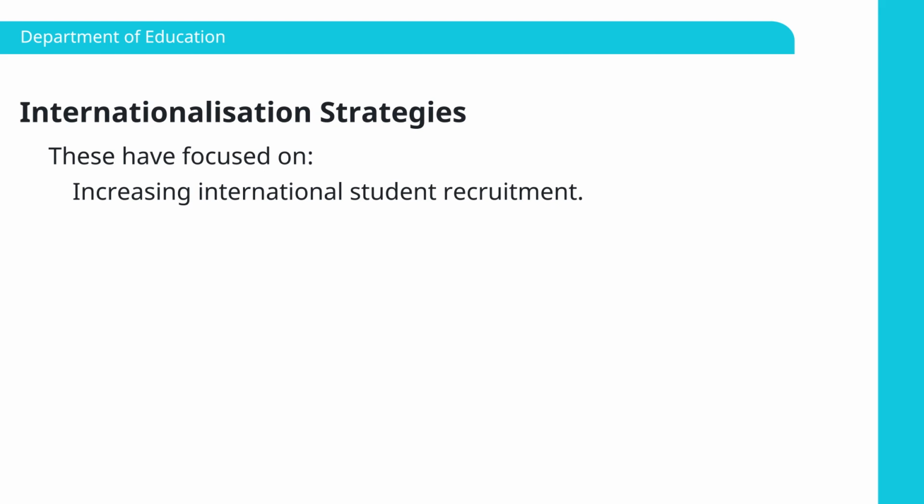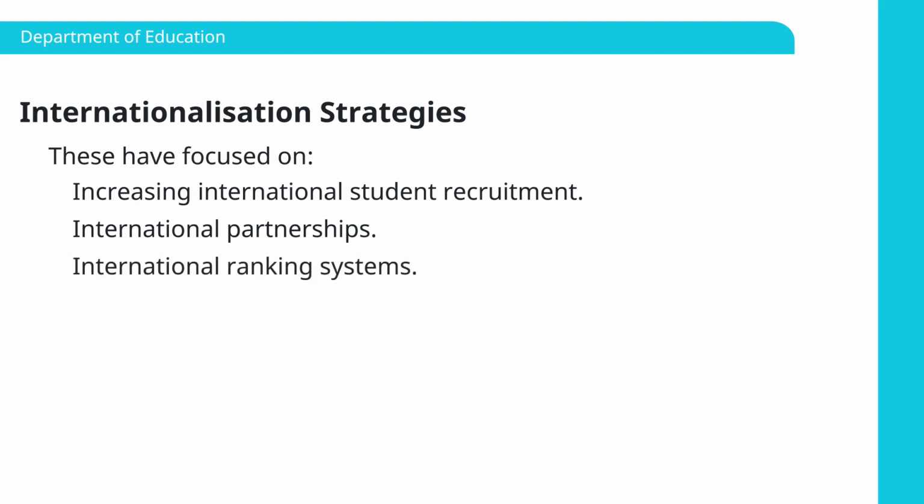And other areas have focused on international partnerships, especially when you're thinking about research. So research is a very important aspect of a university. Another thing that's been monitored and thought about is international ranking systems. So where does the university appear in various ranking systems? So focusing again on competition and how do we get our university higher up the table?